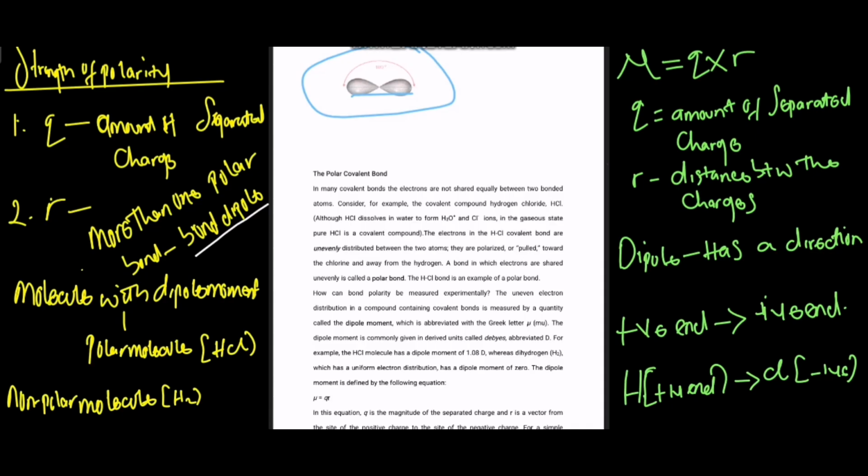One last thing: for you to call a molecule one that contains a polar covalent bond, that is, a molecule that contains a dipole, it is in terms of electronegativity.